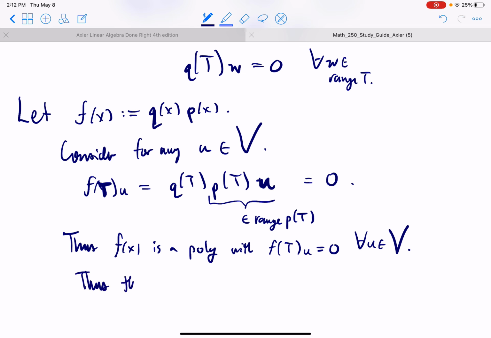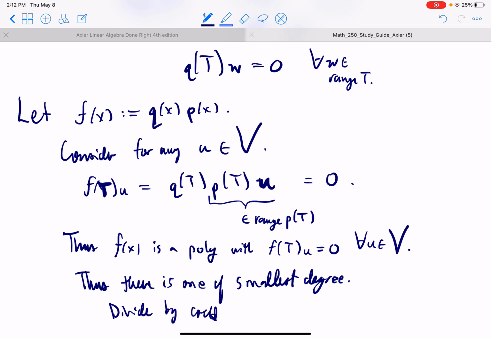Thus, there is one of smallest degree. And then divide by the coefficient of highest degree to make it monic. There we go. Now we've got a minimal polynomial for t on the whole vector space V.